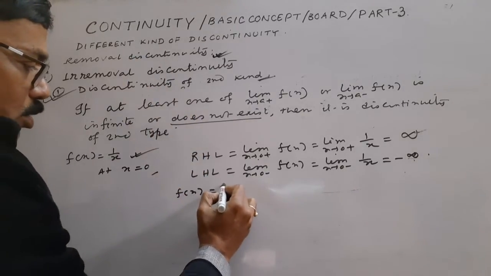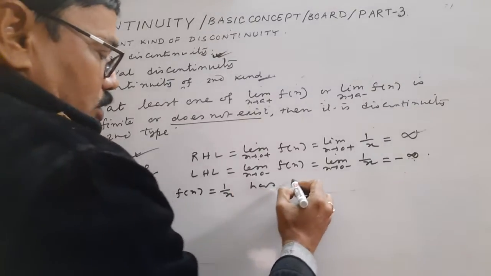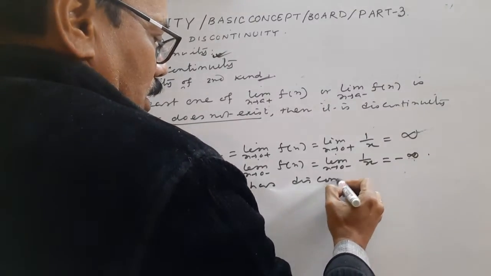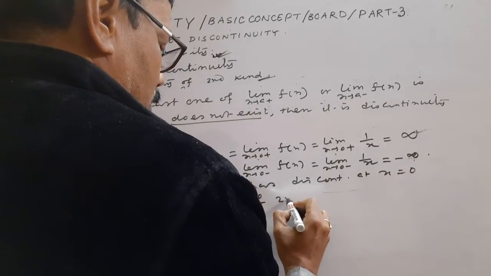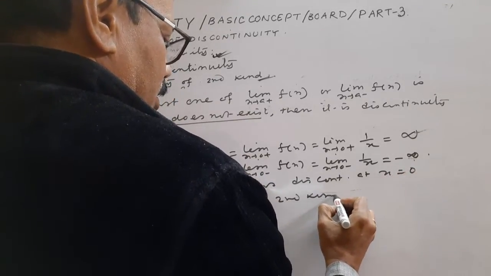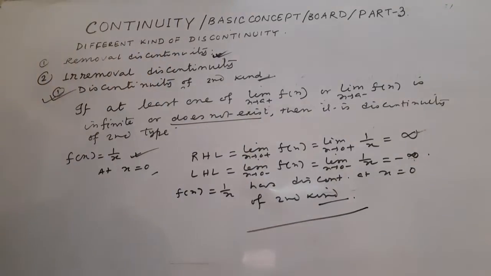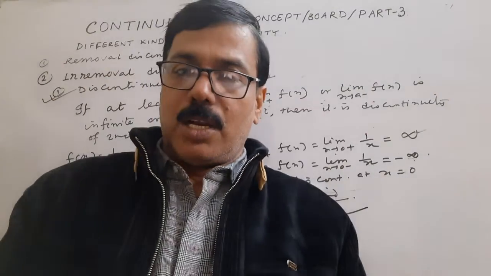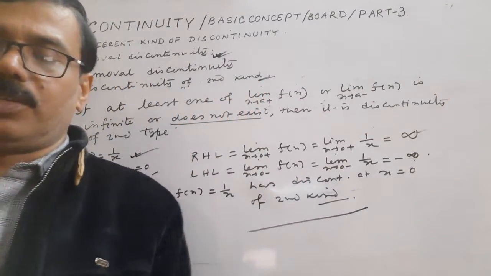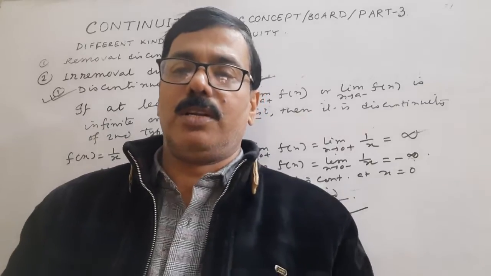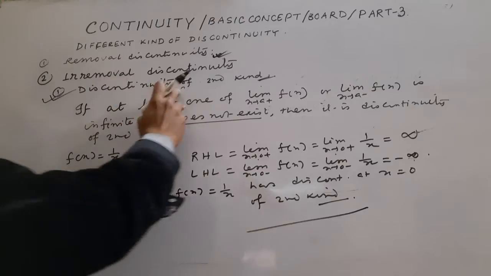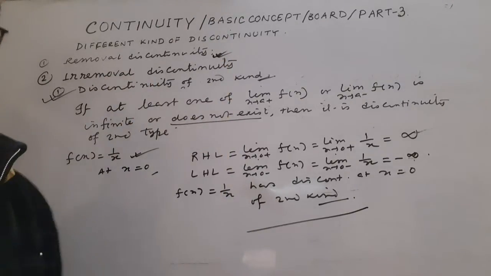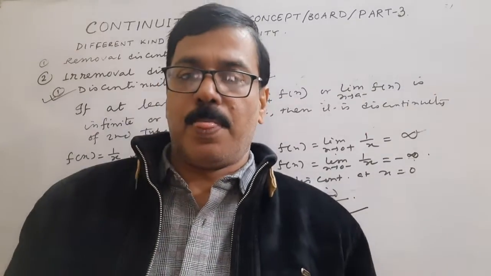So f(x) equals 1 by x has discontinuity at x equals to 0 of second type. So you have learned what is removable discontinuity, what is irremovable discontinuity. They are classified into two parts: discontinuity of first kind and discontinuity of second kind.